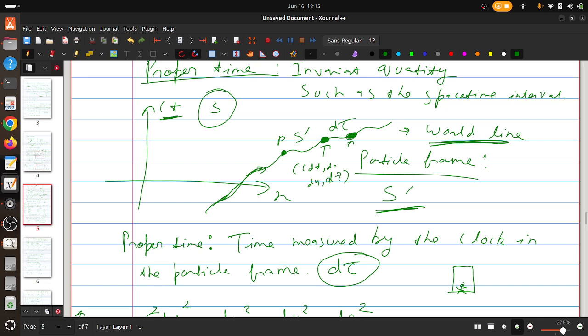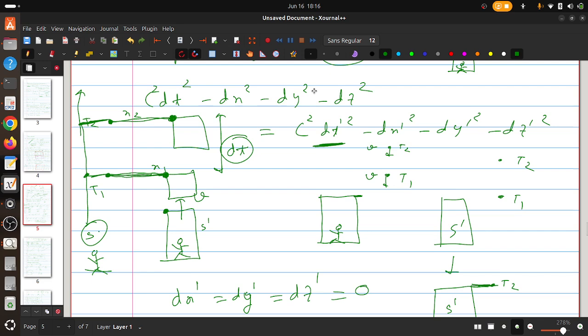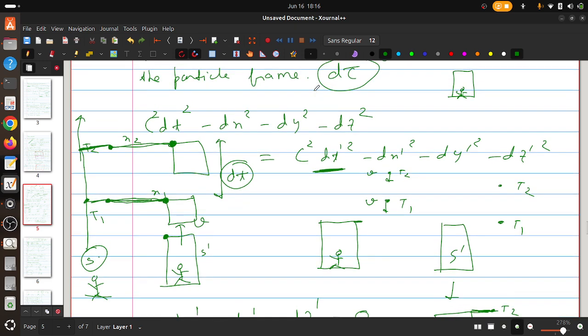So we want to know the time elapsed, d tau, the proper time, and its connection with these quantities. We'll just use the space-time invariance here, which is c square dt square minus dx square minus dy square minus dz square is equal to c square dt prime square minus everything primed here, right?